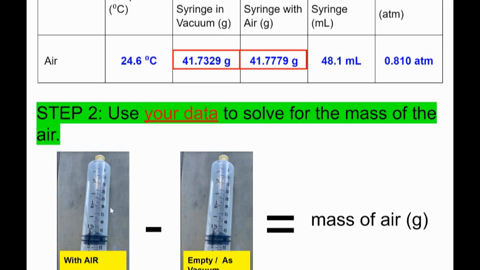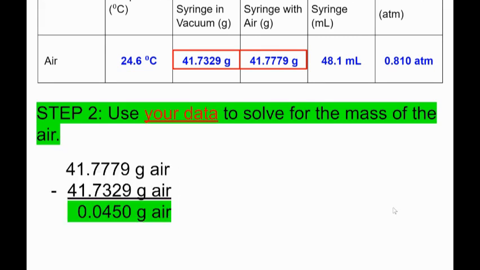So we're going to take the mass of the syringe with air and subtract the mass of the empty syringe that we measured as a vacuum. That will give us the mass of just the air in grams. So we'll take 41.7779 grams and subtract 41.7329 grams, and we can see that the mass of our air was 0.0450 grams.